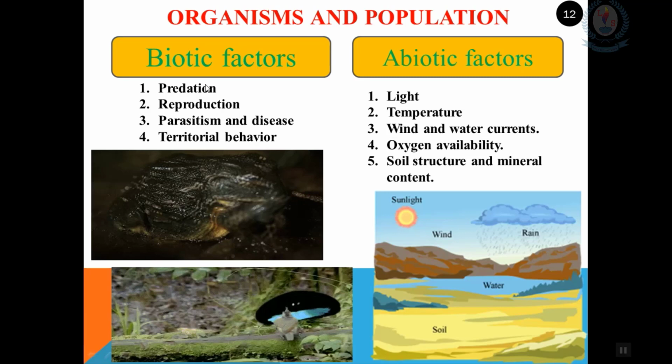Because when a prey population increases, there is more food for predators, and eventually the predator population will grow, and it will reach a point at which they are eating more prey than the reproduction levels of that particular prey. So the numbers of prey will fall. This will reduce the food supply for the predators, and the predator population will also decrease slowly, paving the way for the prey population to increase once again in the environment.